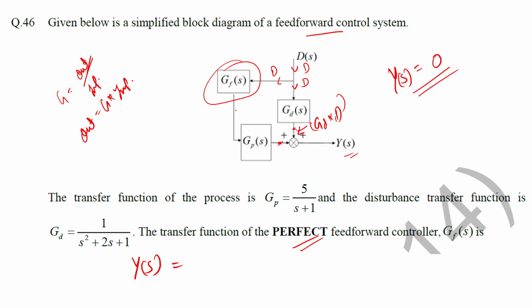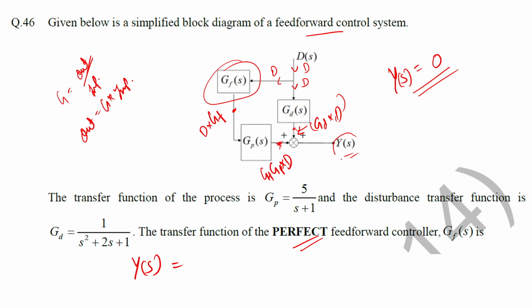Now again, similarly at this point, the output will be disturbance into Gf. Now again, since we are passing through this transfer function block of Gp, that is process transfer function, the output after Gp of s will be Gf Gp into D, the disturbance.